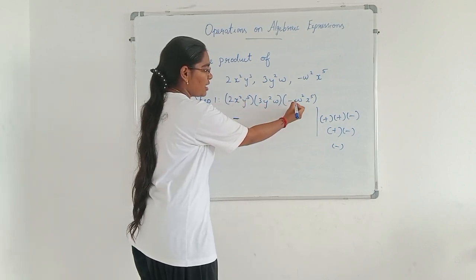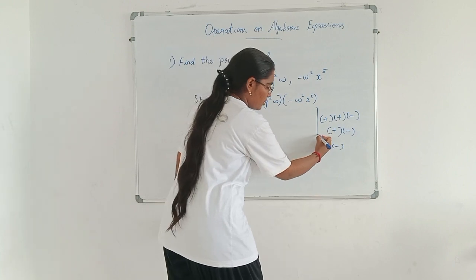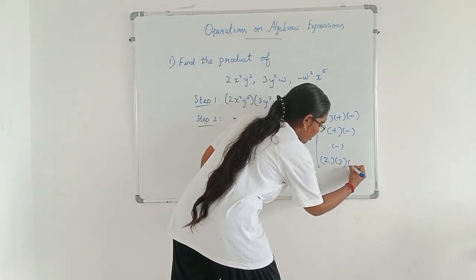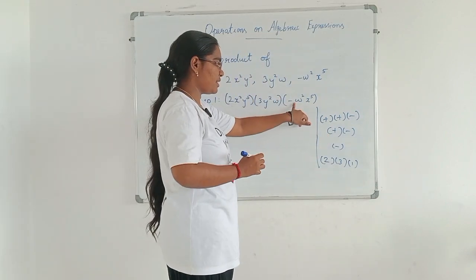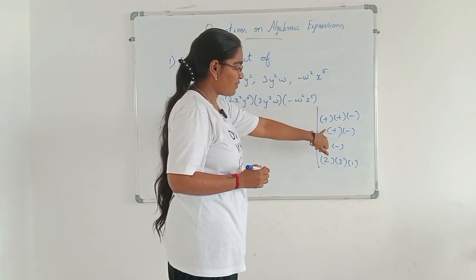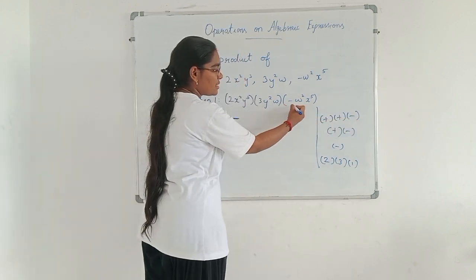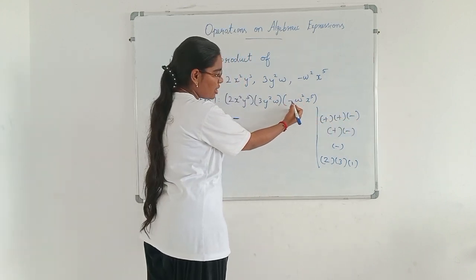So minus. Next, the coefficients, the numerical coefficients. What are those? 2, 3 and here minus 1. Okay, so 2, 3 and 1. Here you should not consider it as minus 1 because already we have considered those signs. So there is no need to consider this number as minus 1.